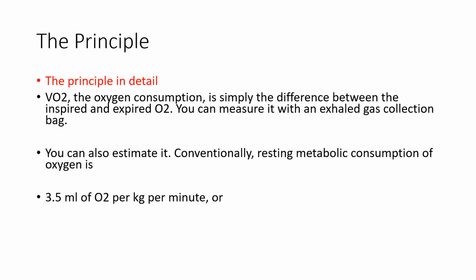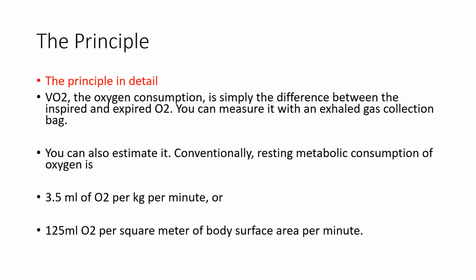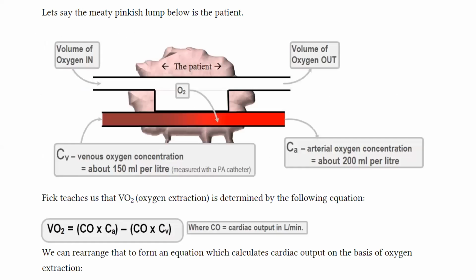All right. And remember that cardiac output is equal to oxygen consumption divided by the difference of concentration between the artery and the vein. So that is your cardiac output. And you have 125 mL of oxygen per square meter of body surface area per minute in terms of oxygen consumption.